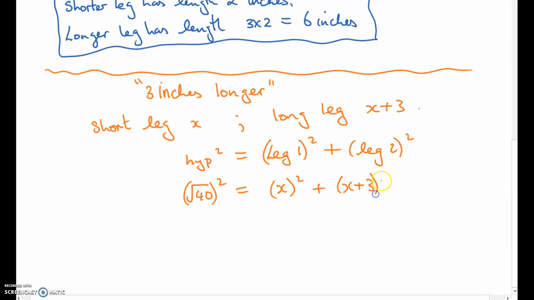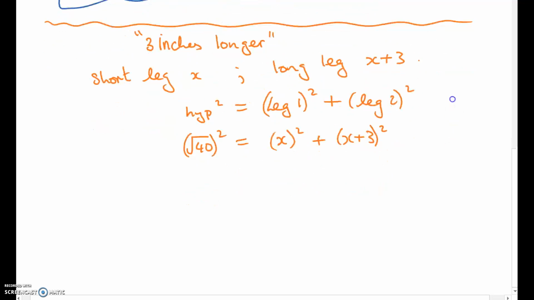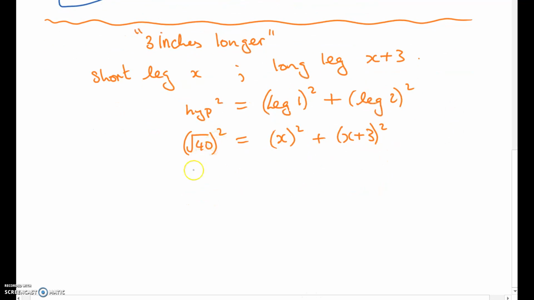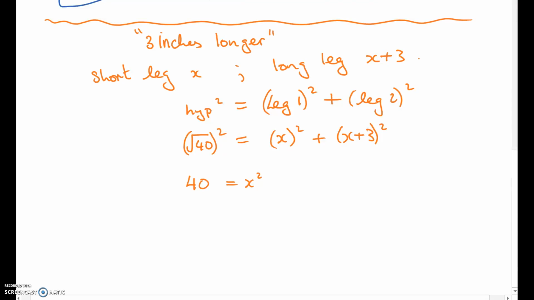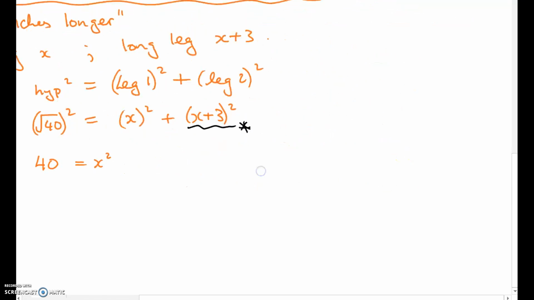squared. Now this question gets a little bit more complicated. Square root of 40 squared is just 40 as before. x squared is x squared. But where it gets a little bit complicated is here. So we have x plus 3 squared. Now it's not allowed to be x squared plus 3 squared.